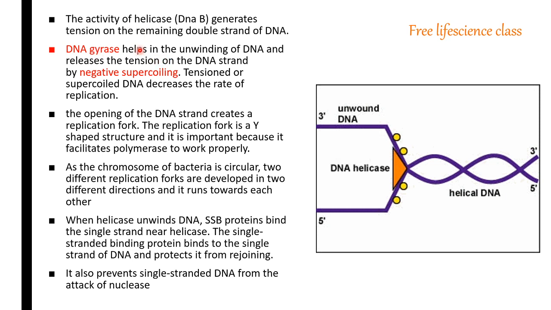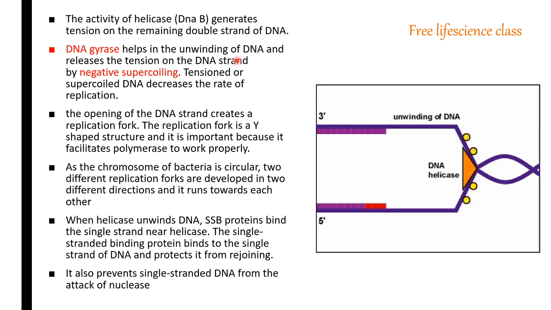To release that tension, DNA gyrase creates certain nicks in the DNA, and after releasing the tension, it reseals those nicks. So DNA gyrase helps avoid supercoiling by forming nicks and then rejoining.